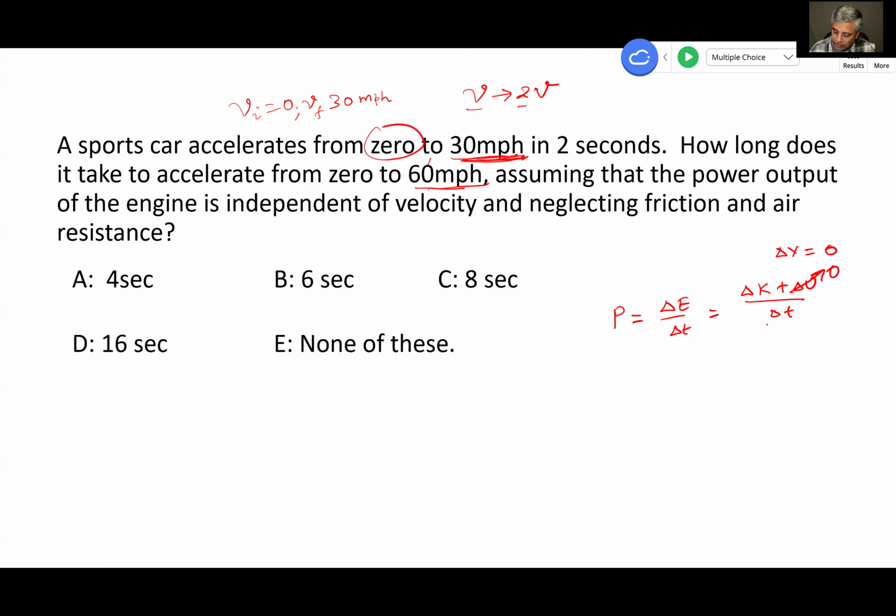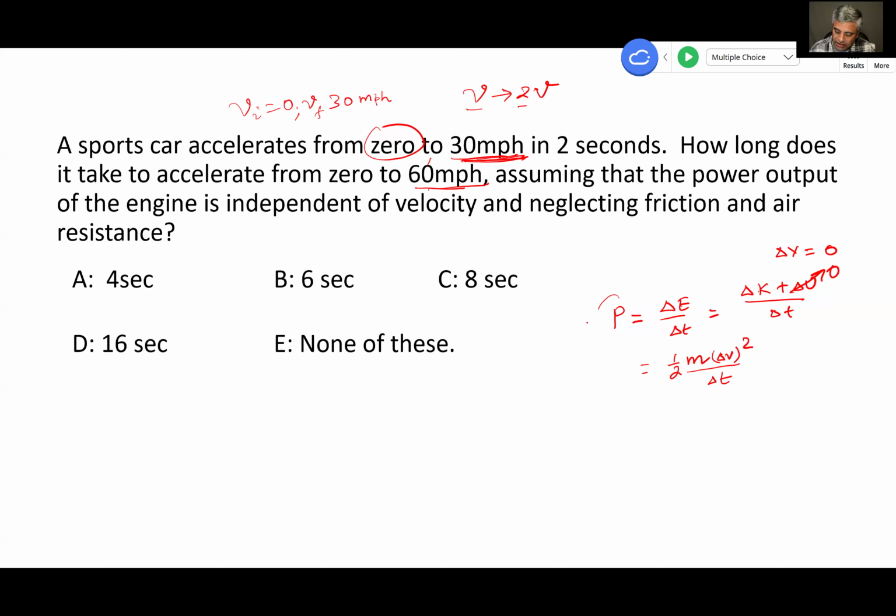So this is 0. So it comes from change in kinetic energy, which means it comes from half m. So kinetic energy changes because velocity changes. Okay. So I can write delta v squared over time interval.